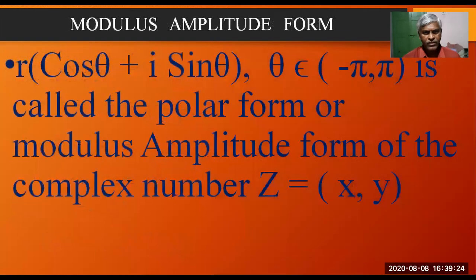The modulus amplitude form of a complex number is r (cos theta plus i sin theta), where theta belongs to -pi to pi. It is called the polar form or modulus amplitude form of the complex number z is equal to x plus iy.